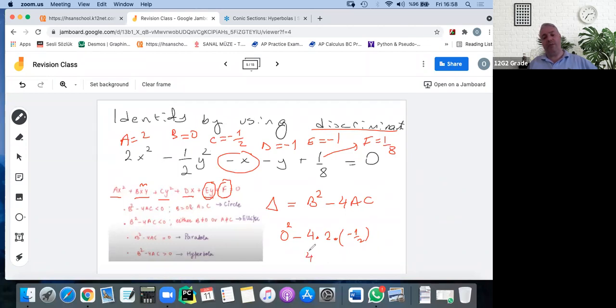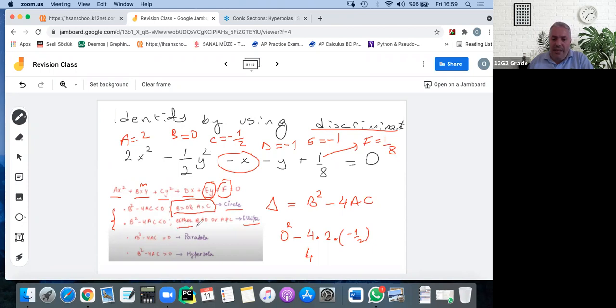So this is now 4. Now, when this is 4, we are checking. It says that when this is less than 0, there are two options. It could be even a circle, even an ellipse. So how will you decide? You will check b is 0 and a is equal to c. If this condition is satisfied, we call this a circle.